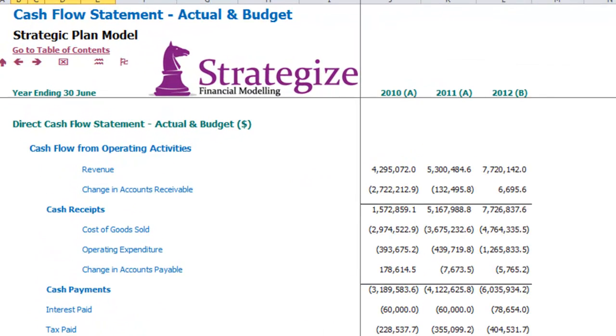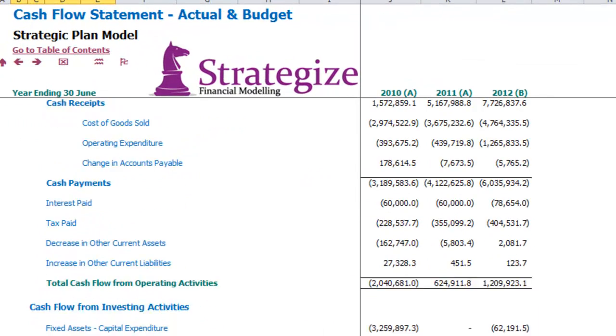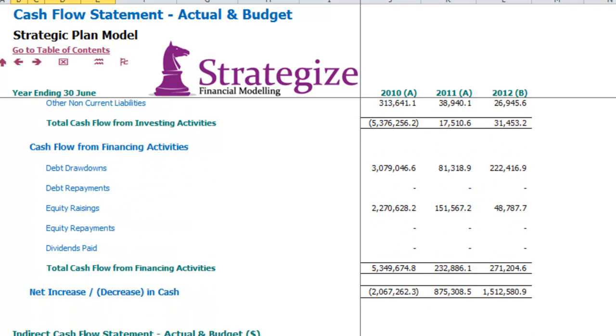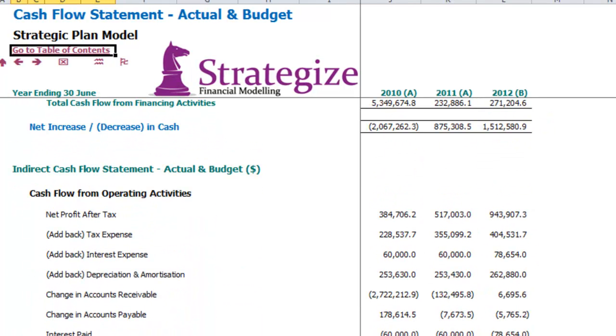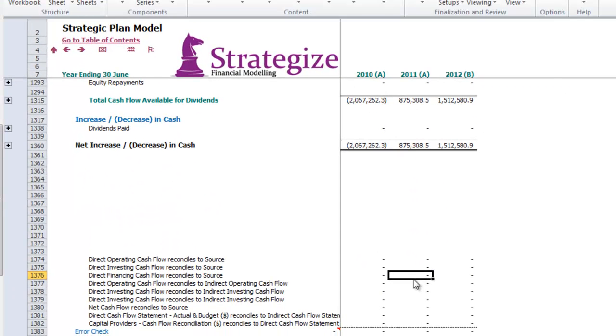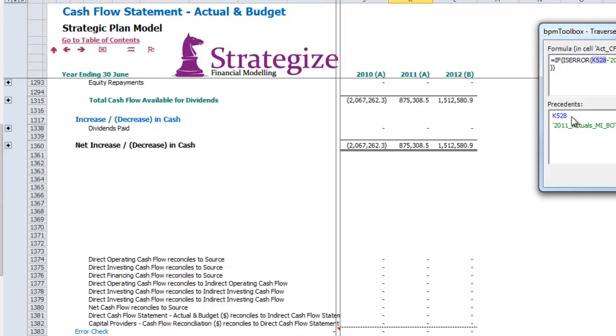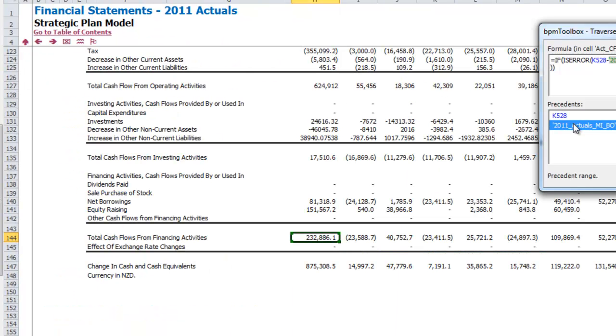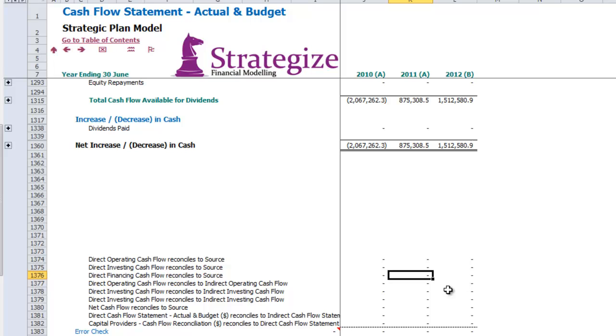So once again, with cash flow analysis, it's also important to have the detail, not just from the direct cash flow, but also from an indirect cash flow statement perspective. As we can see here, the cash flow statement has an immense wealth of error checks in it, just to provide management with peace of mind, and also to ensure that your financial model for strategic planning purposes has more credibility.